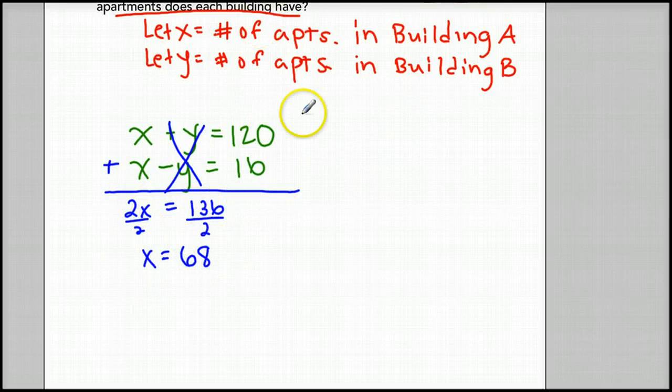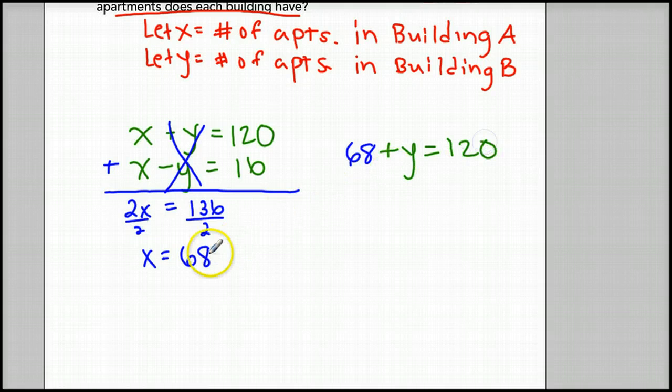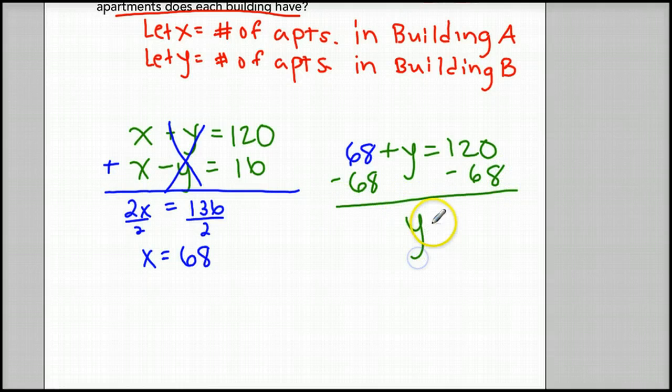Now let's solve for building B. So we know it's 68. And again, I'm going to keep it color coordinated. 68 plus y equals 120. I'm just putting in 68 right here in our original equation. Minus 68 from both sides. And I get y equals, let's see here, we'll do it the long way, 52.